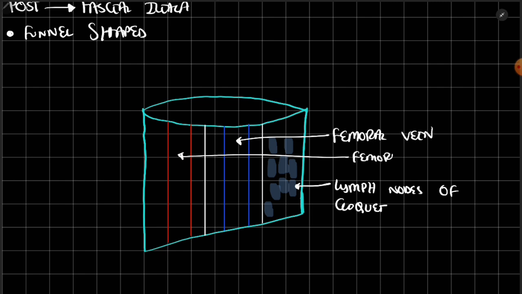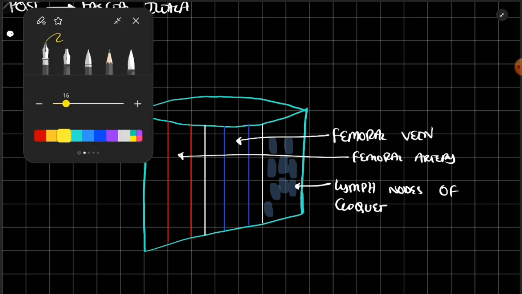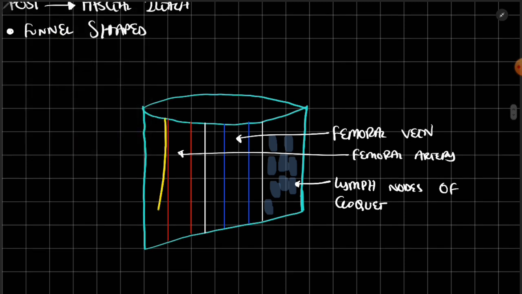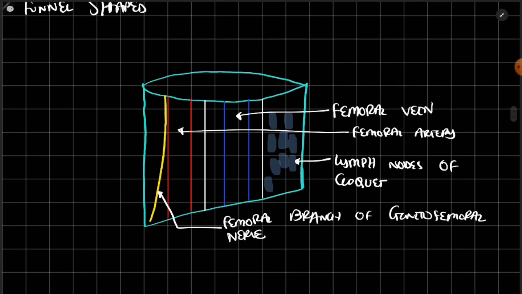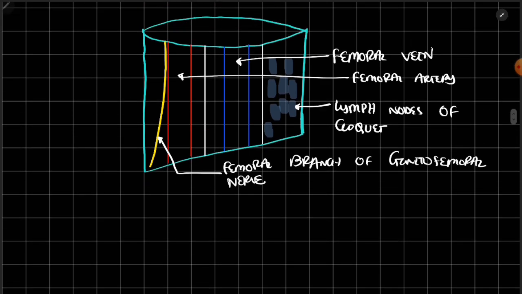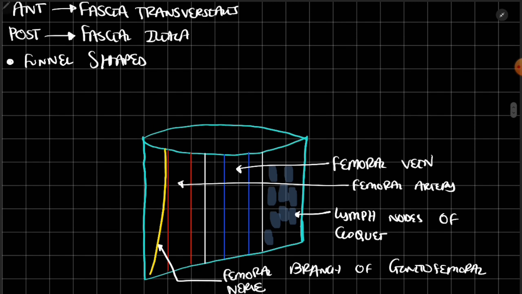Femoral artery, and along with the femoral artery, one nerve was present. Which was that nerve? Yes, the femoral branch of the genitofemoral nerve. Okay, so this was all about the femoral sheath.